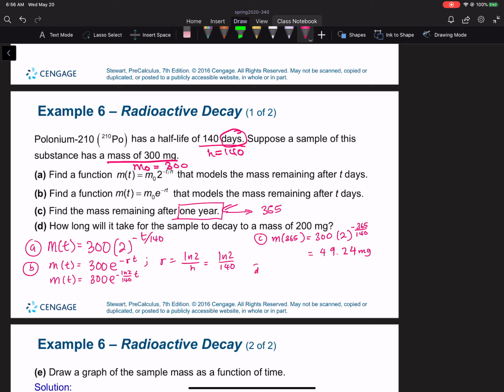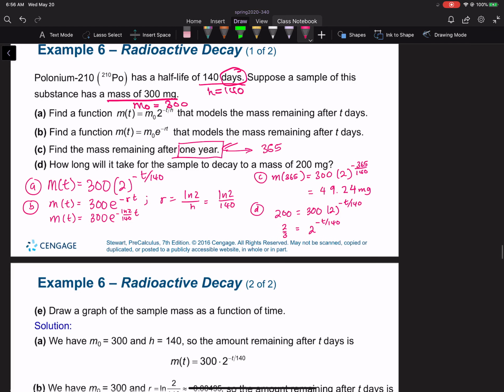And then D says, how long will it take the sample to decay to 200? So I'm looking at 200 is equal to 300 times 2 to the negative t over 140. All right, so if I clean up the work, I get 2/3 is equal to 2 to the negative t over 140. And if you keep working, what I'm trying to solve is a power, so I need to use some natural logs to do this. I get ln of 2/3 is equal to negative t over 140 times ln 2.